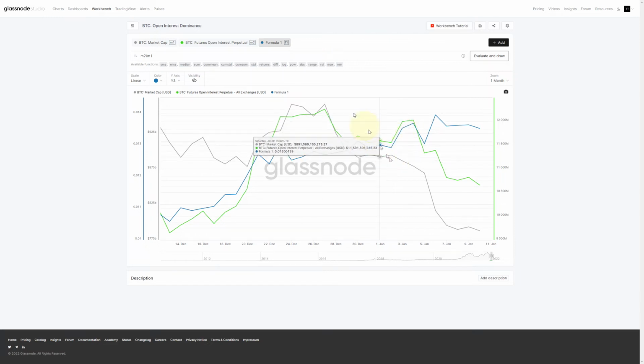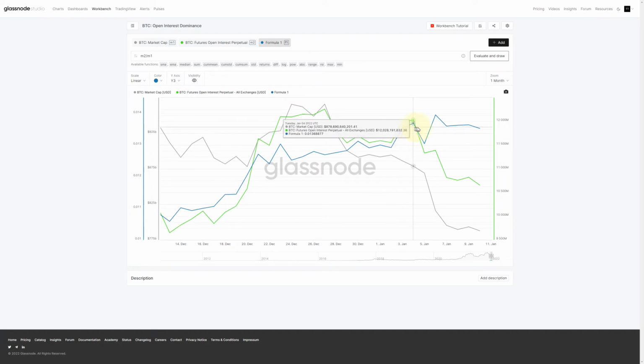So if it's a ratio of open interest divided by market cap, if market cap, the bottom number or the denominator, goes smaller, that means the whole fraction of the ratio will increase, and that's exactly what happened here. So market cap dropped, you have open interest increasing, therefore the ratio increases. So top number is the green, bottom number is the gray one. So you see the ratio increasing.